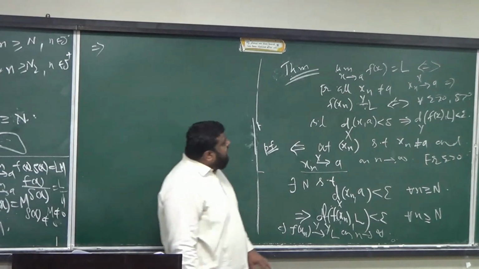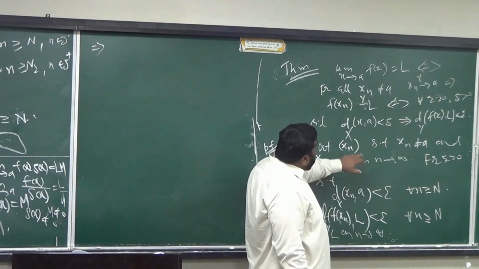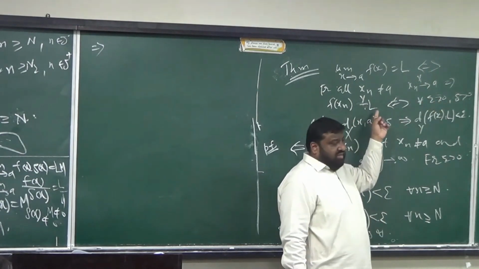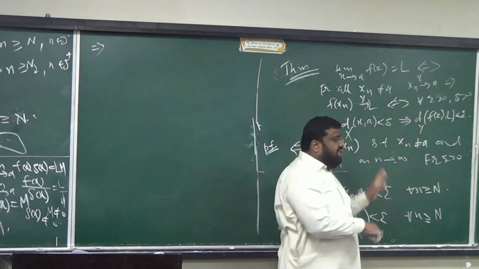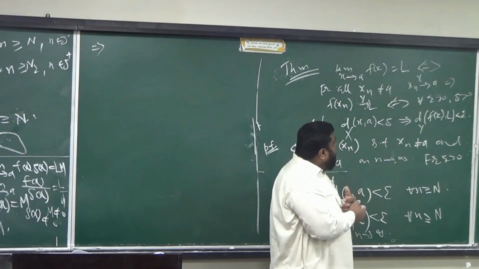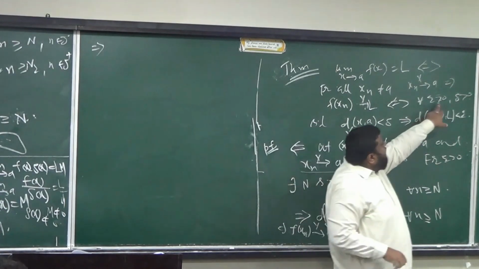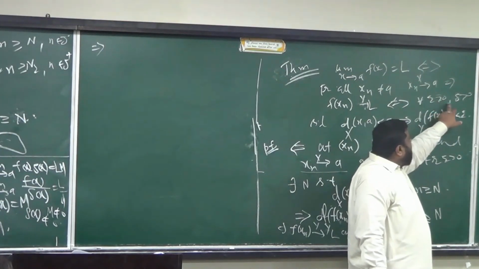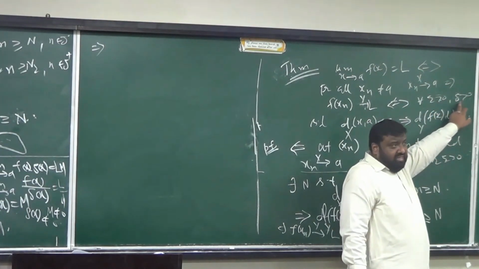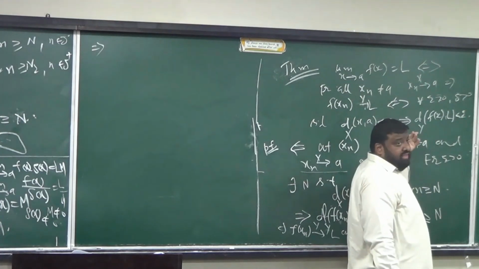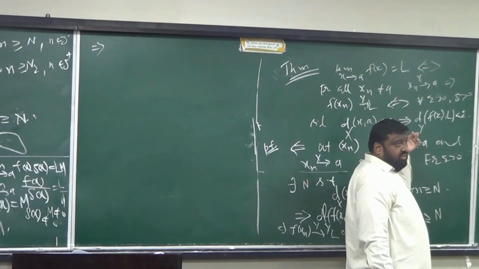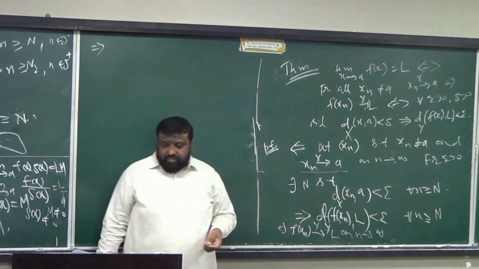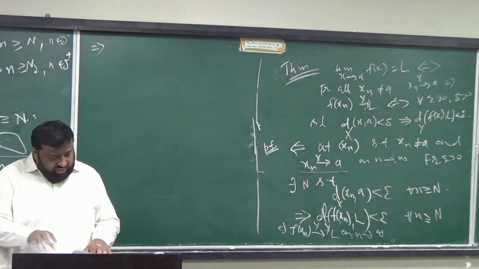We have that for every x_n going to a, we should have f of x_n converging to L. Then what we would like to prove is that we have to pick an epsilon positive, then we have to find the delta until then this happens. How should we do it?